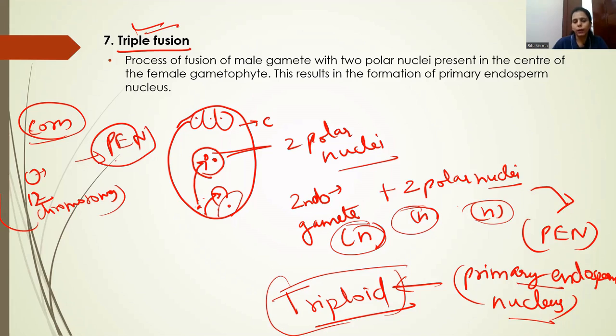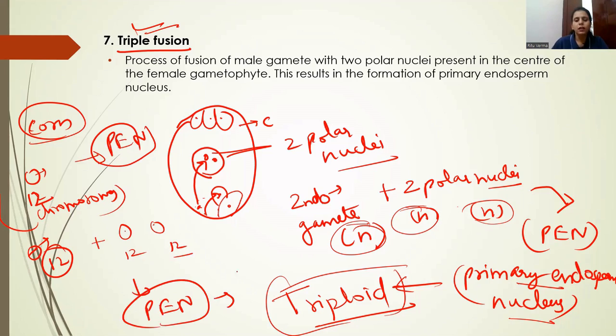We know the male gamete has 12 chromosomes, and obviously the 2 polar nuclei will also have 12 chromosomes each. So the cells of this primary endosperm nucleus will have altogether 36 chromosomes. This method is known as triple fusion.